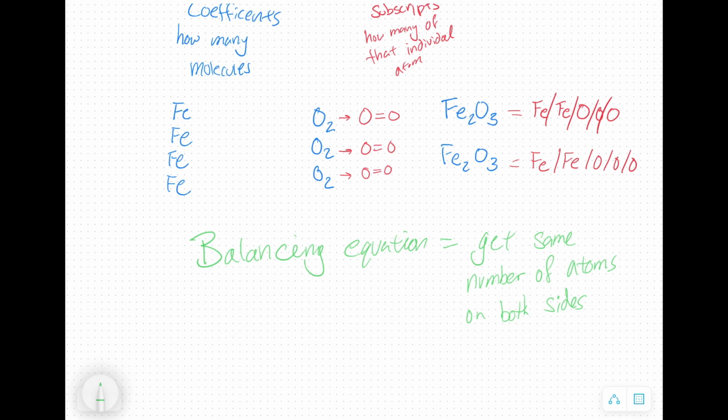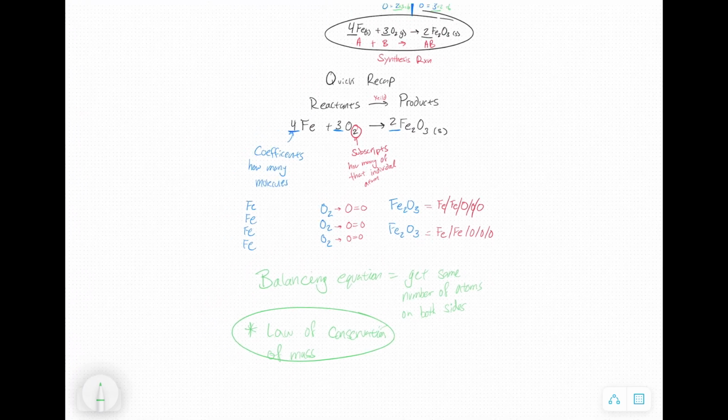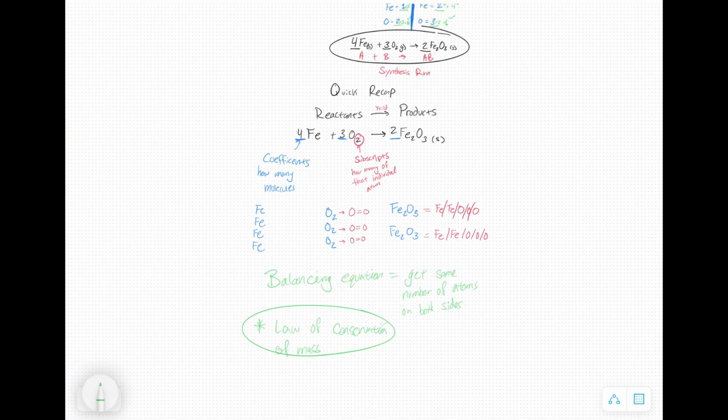The reason we're trying to do this is this underlying idea called the law of conservation of mass. All that means is that if you have a certain number of elements on the reactant side, on the left side, after the reaction you should have the exact same number of elements on the right side. You can't create or destroy matter, you can only change it. So that's essentially our introduction to chemical reactions.